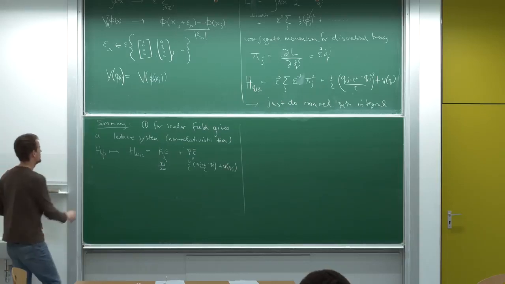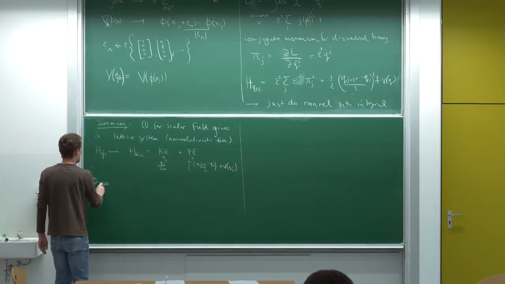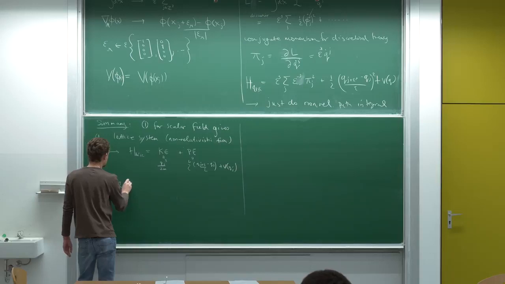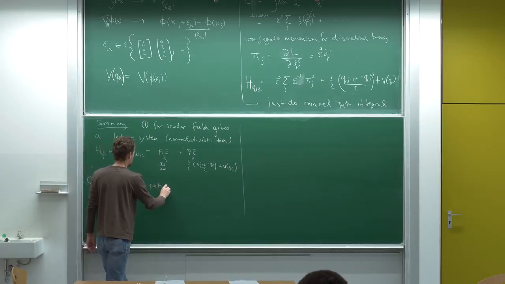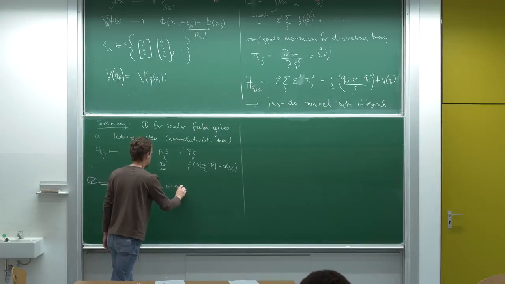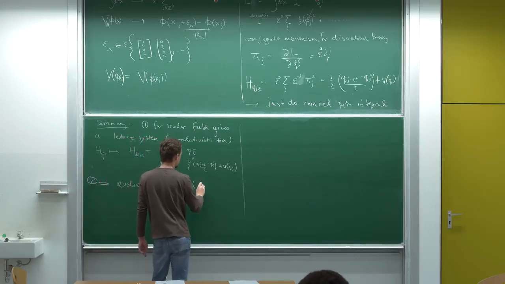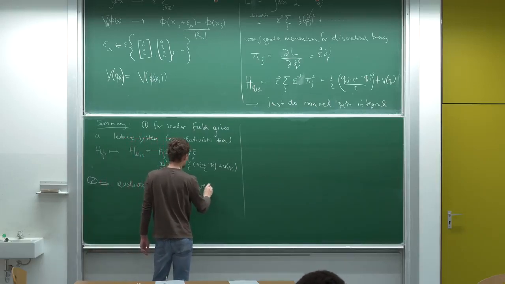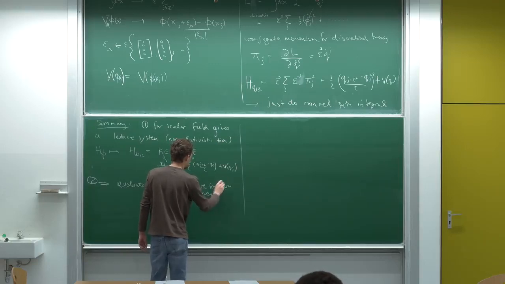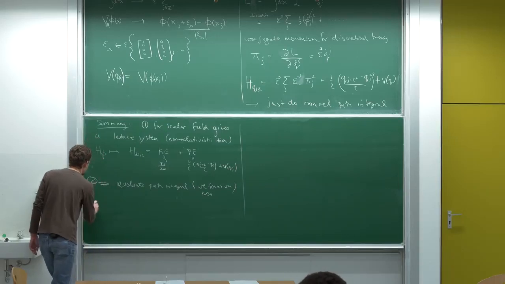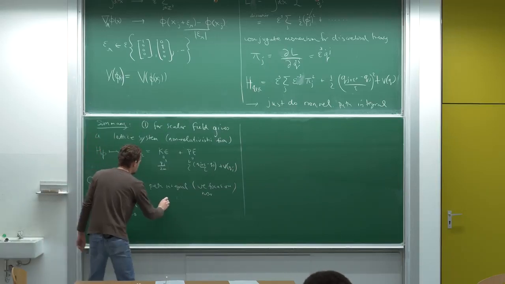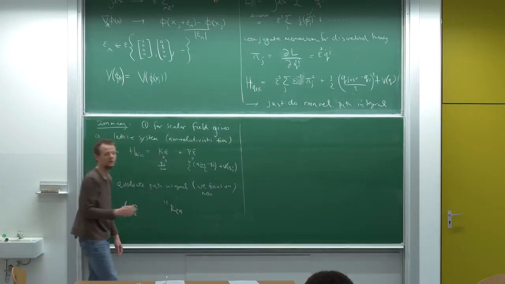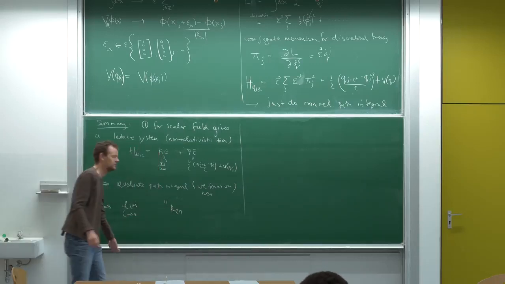And then step 2 is evaluate the path integral, which is what we focus on now. And step 3 is the limit as epsilon tends to 0, which is going to come later in the course under the title of renormalization.